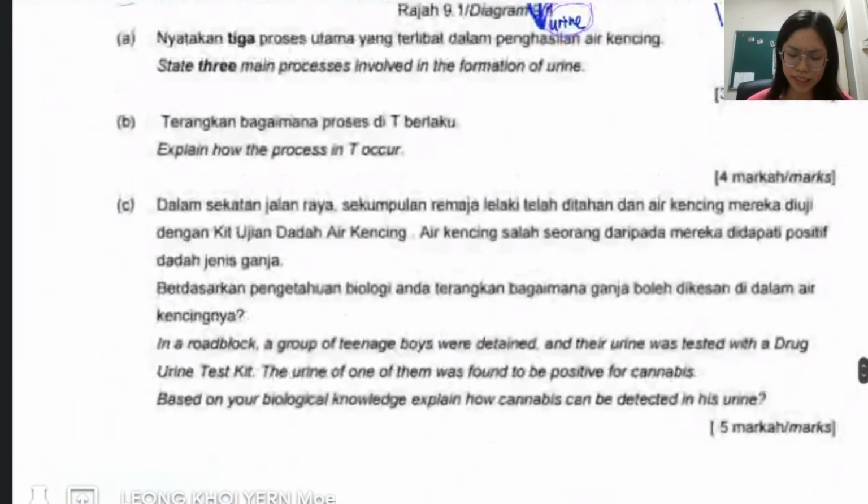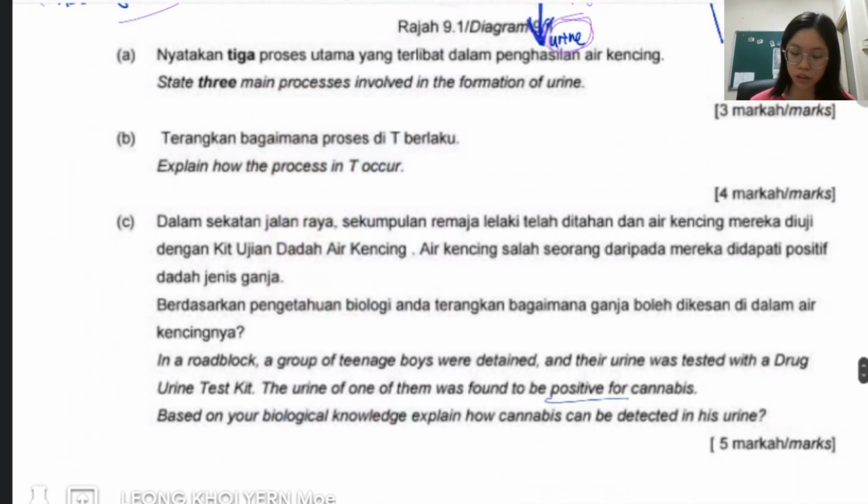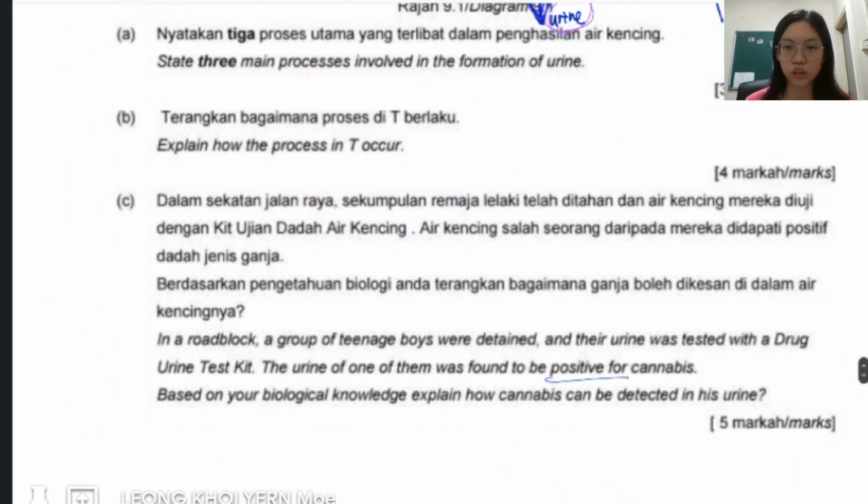Roadblock: a group of guys gets detained, and their urine is tested with a drug urine test kit, and it's positive, meaning the urine has cannabis. Based on biological knowledge, how can cannabis be detected in his urine?